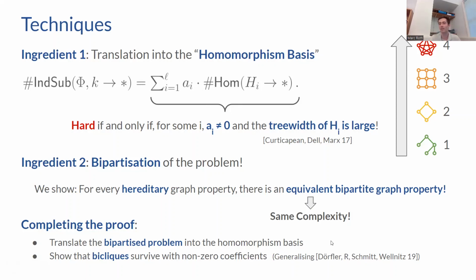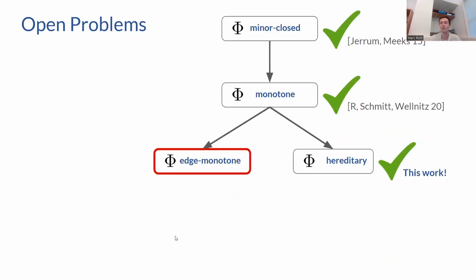And since bicliques have unbounded tree width, we were able to prove hardness and even an ETH lower bound using this approach. So that was only one slide on the techniques, but in general, those two ingredients, the homomorphism basis and the bipartization, were the main two steps in proving this result.